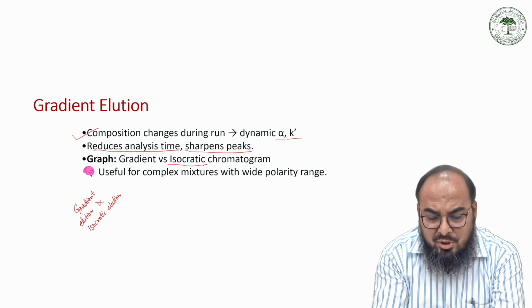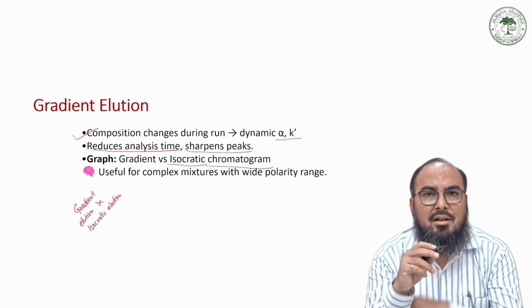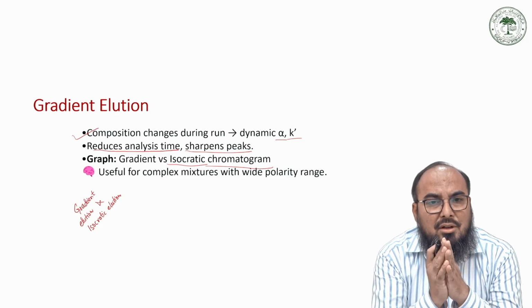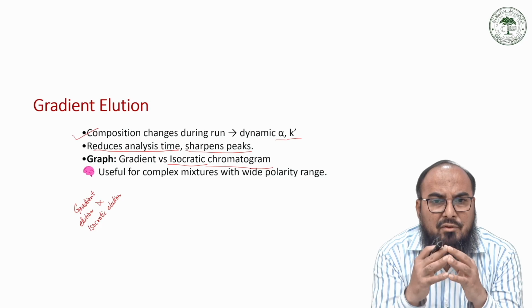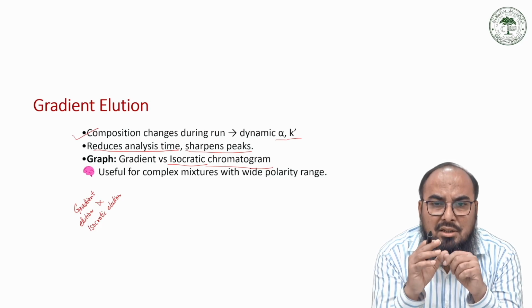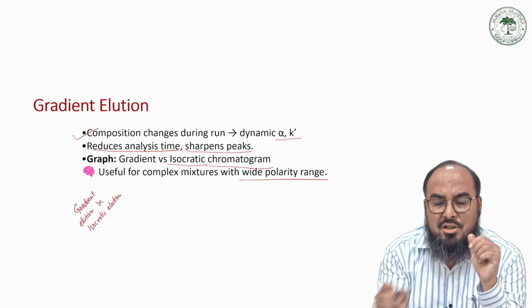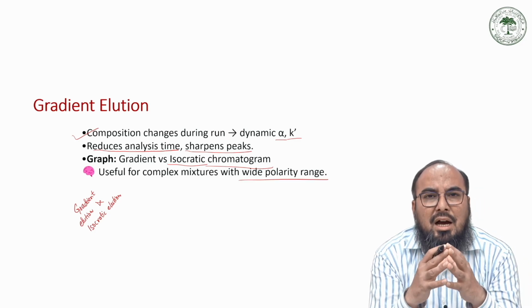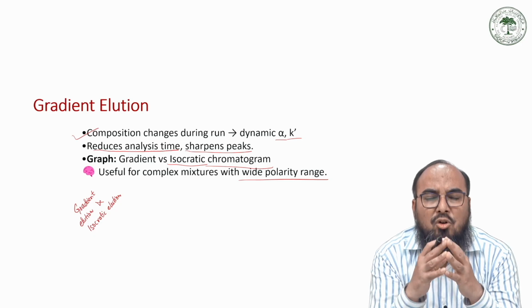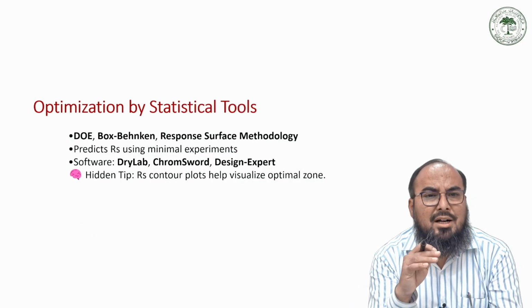Otherwise, in isocratic chromatography, the retention time is too much, and the resolution is not very good. So for separating complex mixtures, we generally carry out gradient chromatography, where we can change polarity, and on the basis of the change of polarity, we can elute a number of complex components of a given mixture.